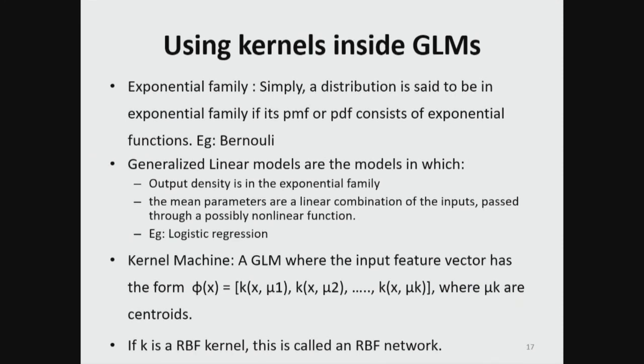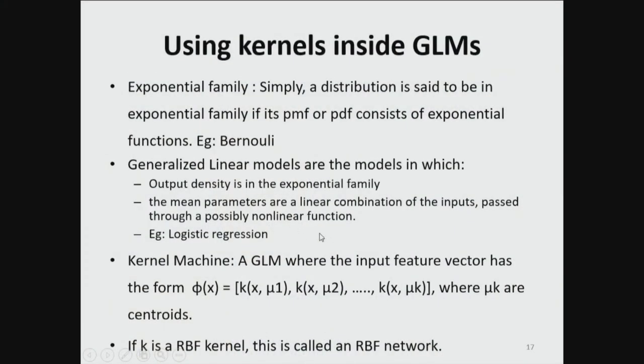Second, e raised to the sum means the corresponding mean parameter is a linear combination going through some nonlinear function. What is the function we used? The sigmoid function. Therefore, logistic regression is a typical example of a generalized linear model. Those are the two things we are familiar with: the exponential family and the generalized linear model.